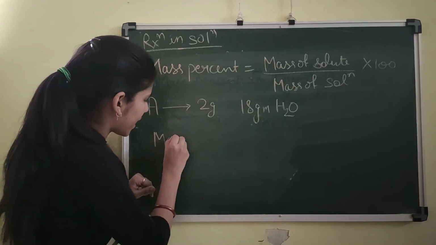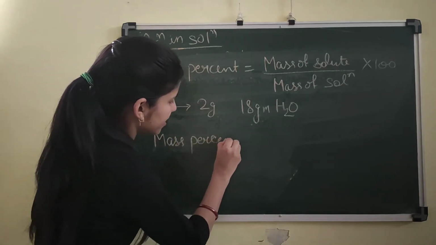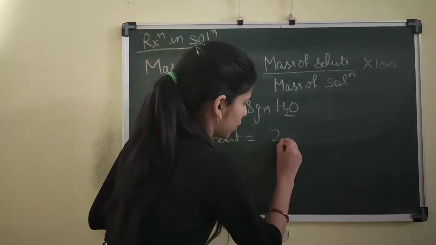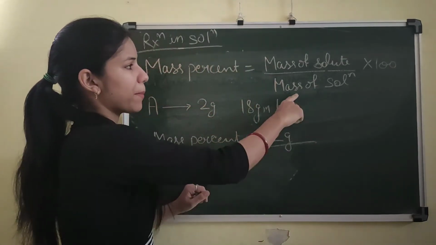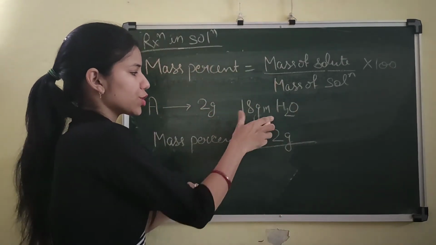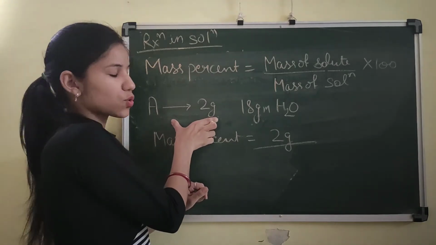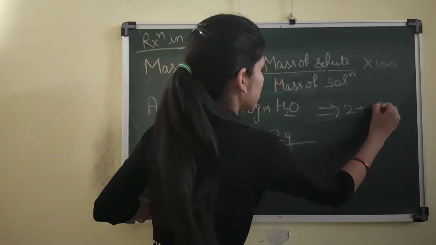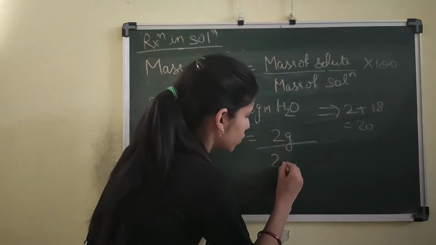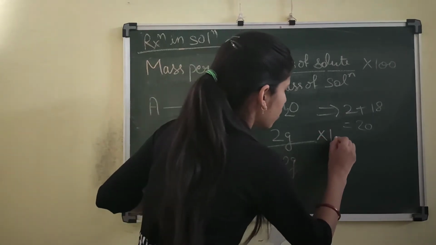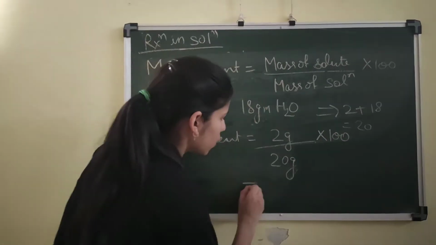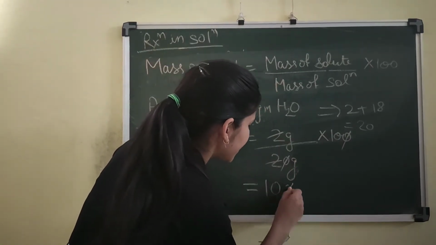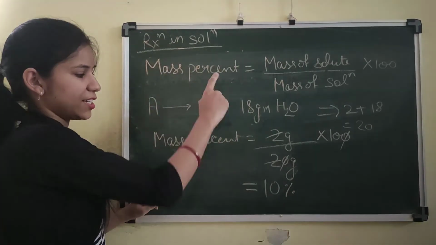Mass percent equals the mass of solute, 2 gram, divided by the mass of solution. The solution is prepared with solute A and B, that is water, so this is 2 plus 18, that is 20 gram, into 100. So the mass percent is 10%.